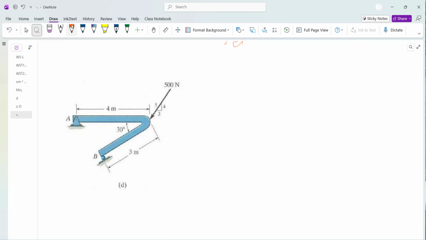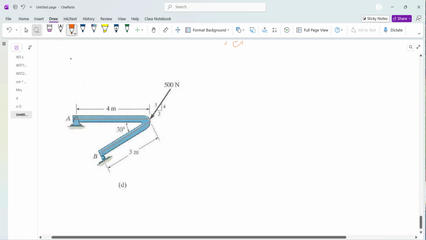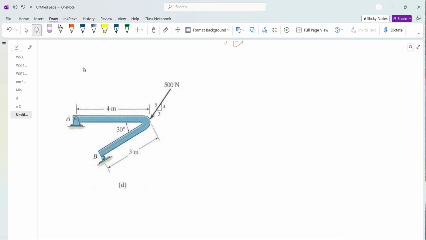So let me just simplify that shape, and just this shape is simplified by a broken line, and this broken line you want to be isolated from the universe.